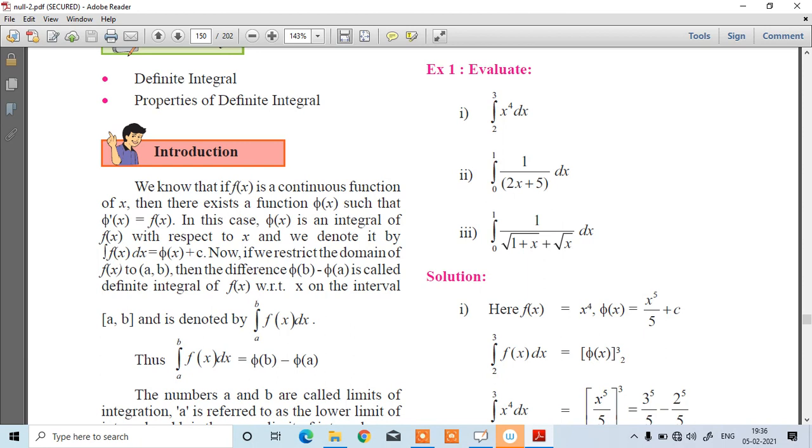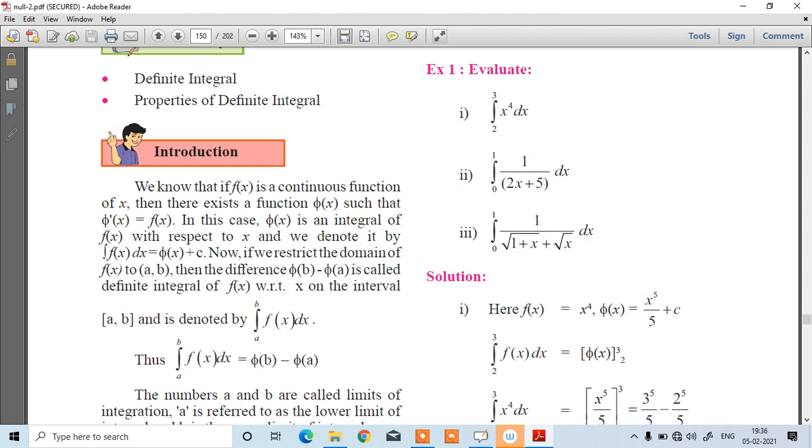Means you know the antiderivative concept. If phi dash of x is equal to f of x, then integration of f of x dx is equal to phi of x plus c. So this is the concept of antiderivative.